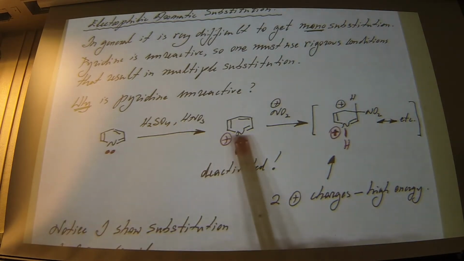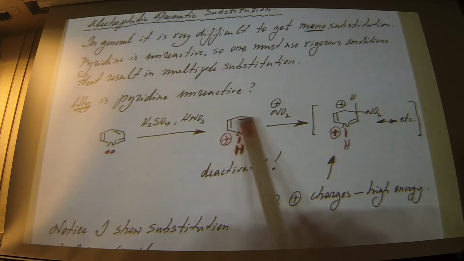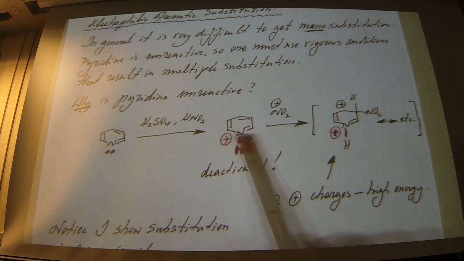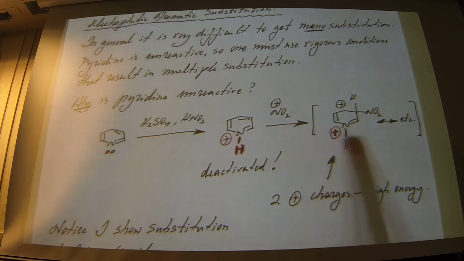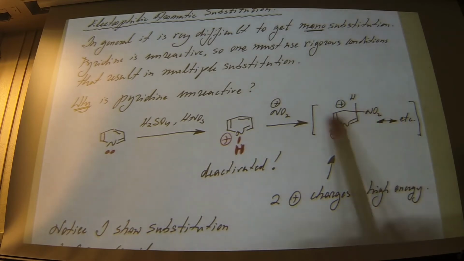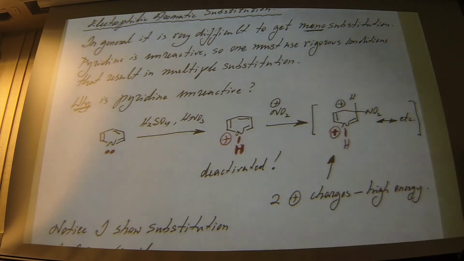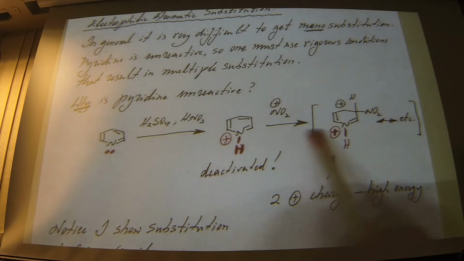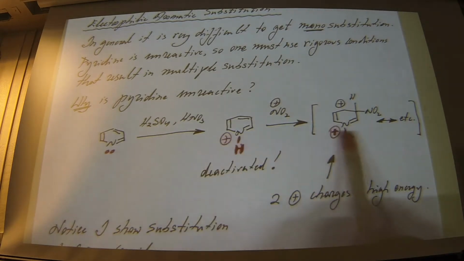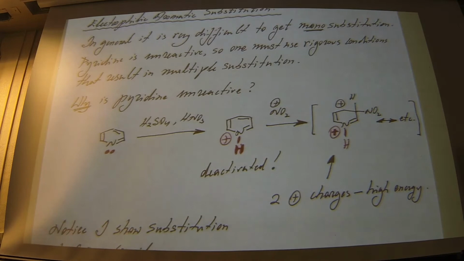Now, look at what you want to do. You've got an aromatic ring that already bears a positive charge. If I want to do an aromatic nitration, I've got to stuff a second positive charge into the same ring. Not good, because now I've got a doubly positively charged species, and that's going to cost me quite a lot of energy. That's why this process is not easy.